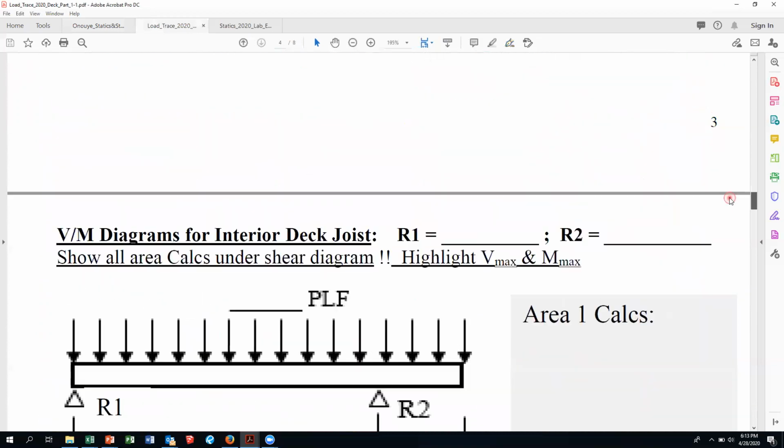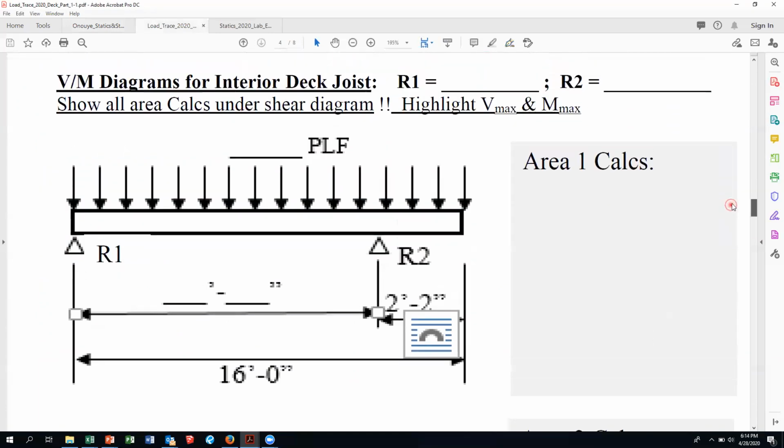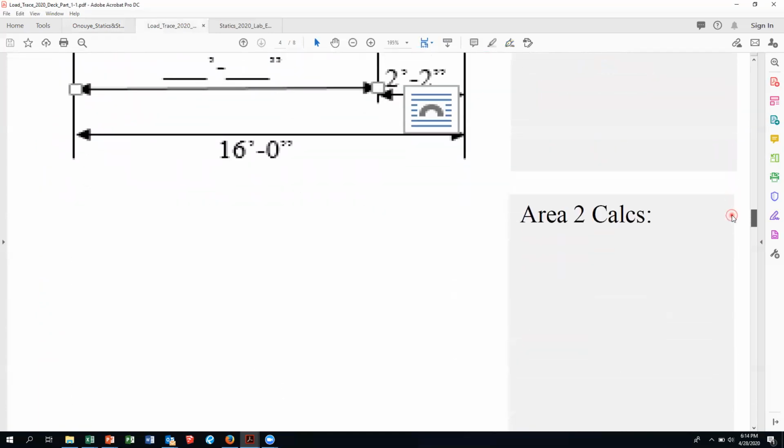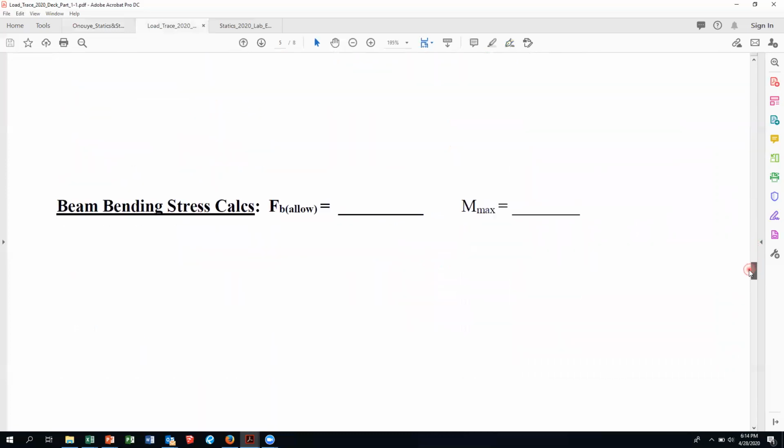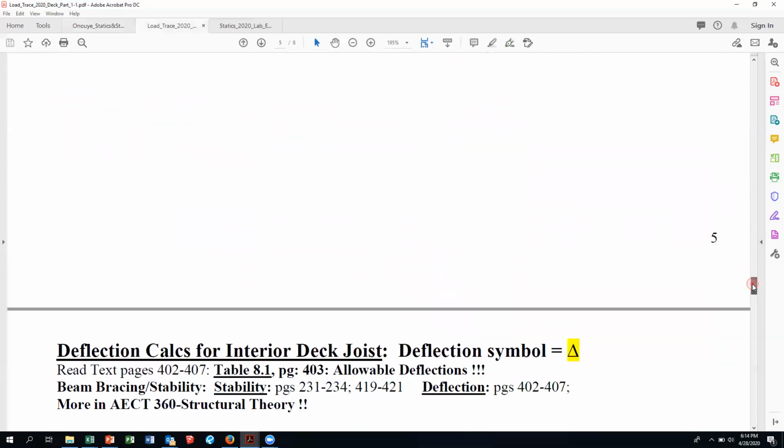We got the shear and moment diagrams, which gave us maximum shear and maximum moment. And then using those, we calculated actual shear and bending stresses. And then we compared them to the allowable bending stresses, which depended on the type of wood that we were using. And so that's the allowable stress design, also known as the golden rule.